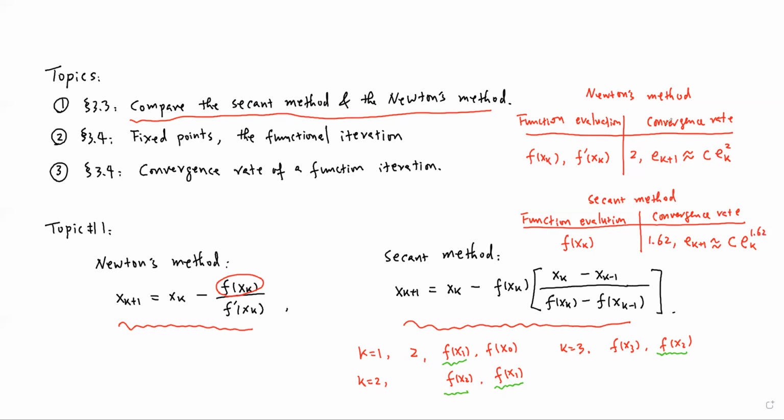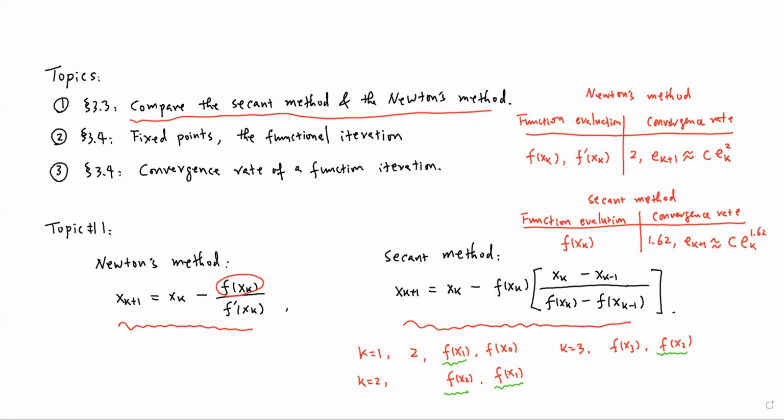So Newton's method is order 2, the secant method is order 1.62. In terms of convergence rate only, Newton's method is better than the secant method.